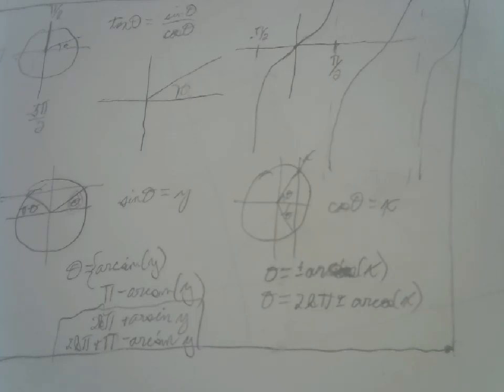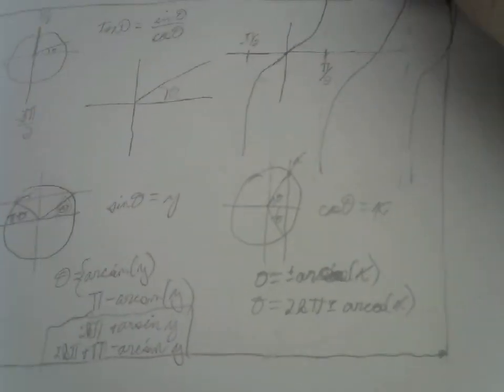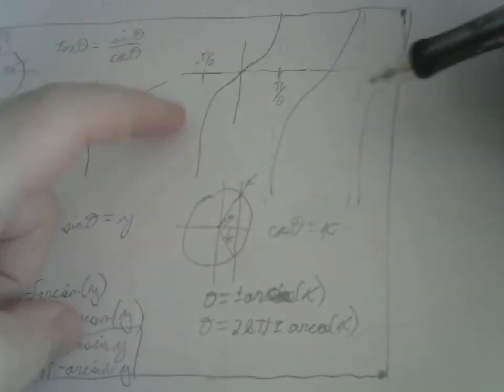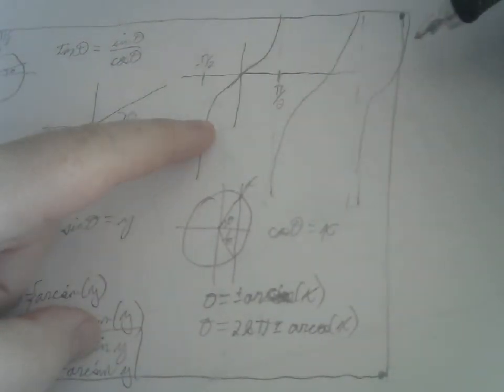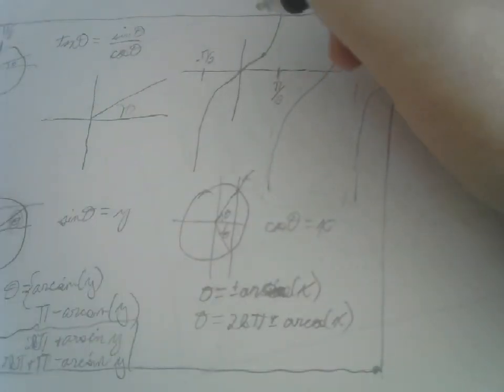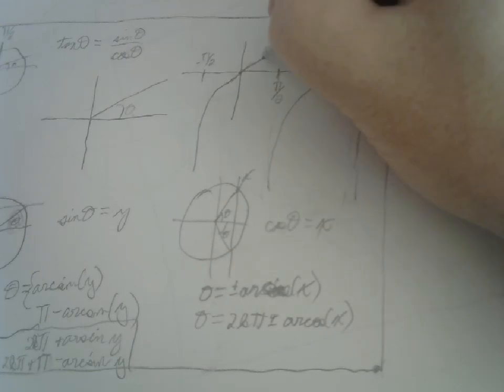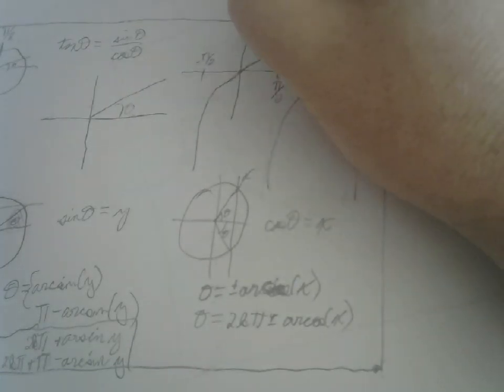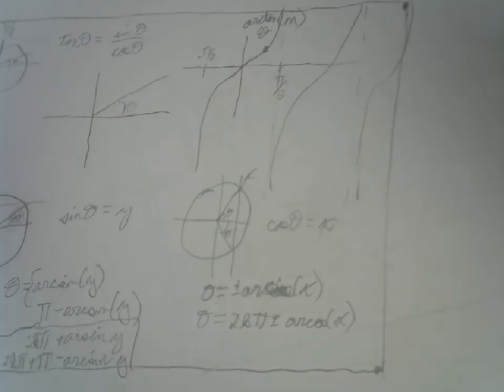With the tangent, you will find it repeats very, very regularly. So if we have theta as our solution is arctangent of m. M is the slope.